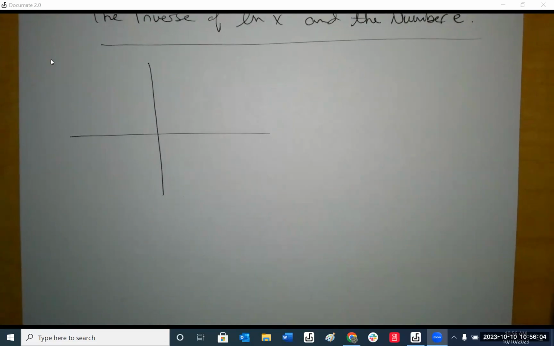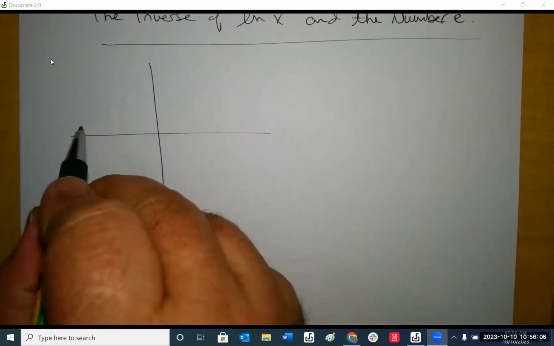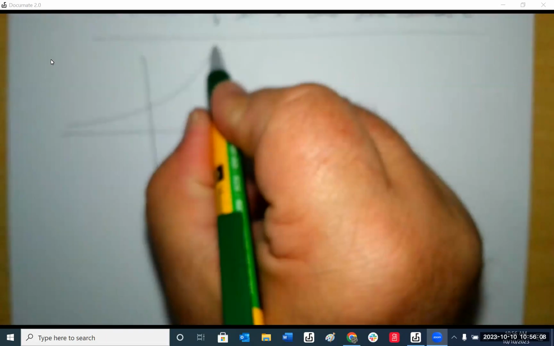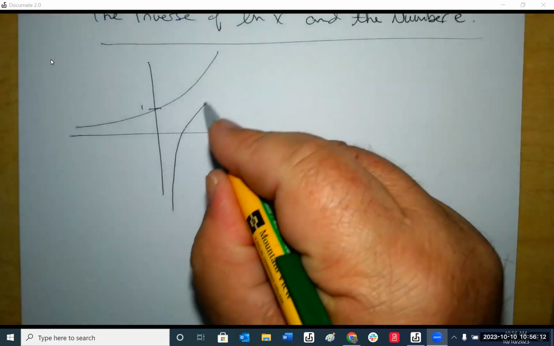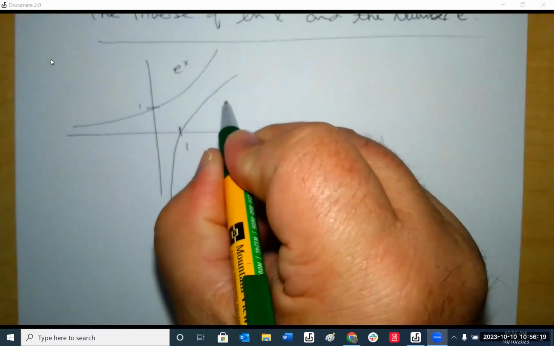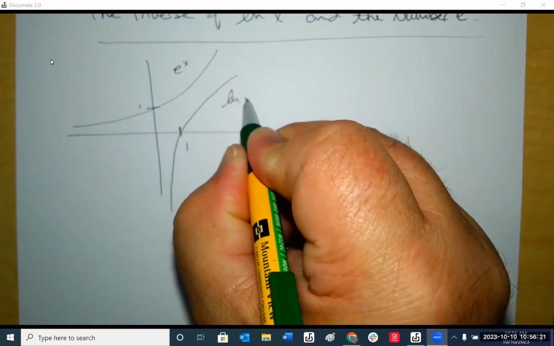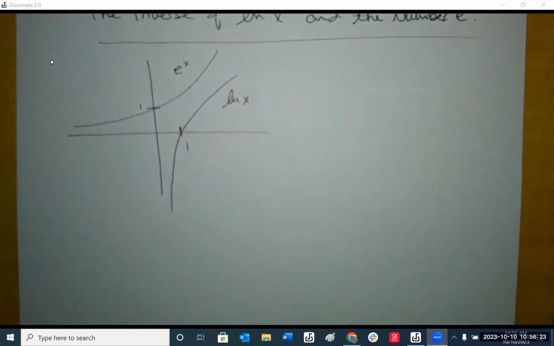If we were to draw these graphs, what would they look like? This is e to the power x. This is ln x.